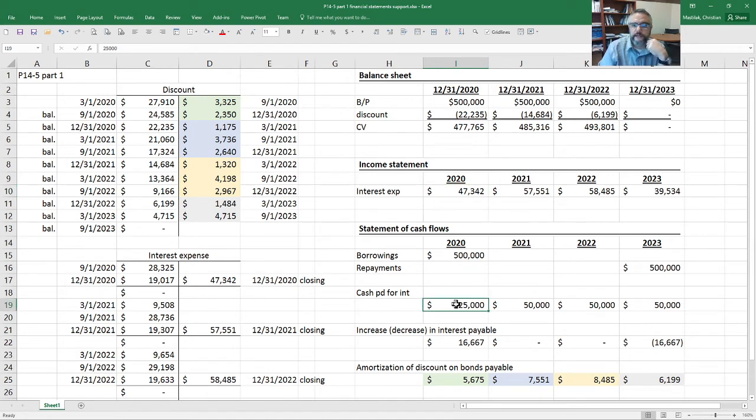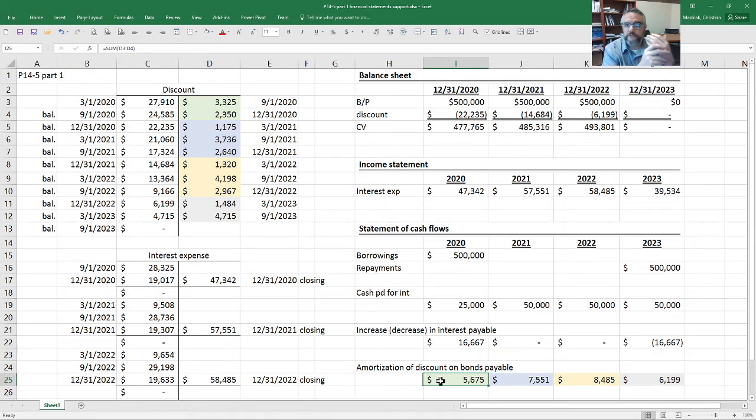Well, $25,000 of it was a cash outflow because we actually paid that in September. $16,667 was interest payable, but those two numbers together only add up to $41,667. They don't add up to the entire $47,342. So where's the rest of that interest expense coming from? The rest of that interest expense is non-cash interest expense or amortization of the discount.